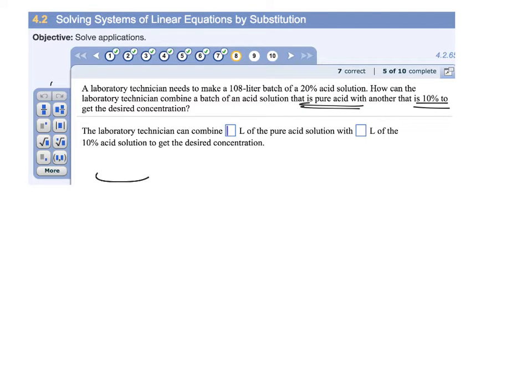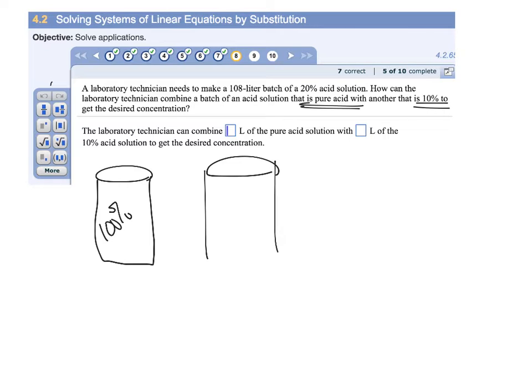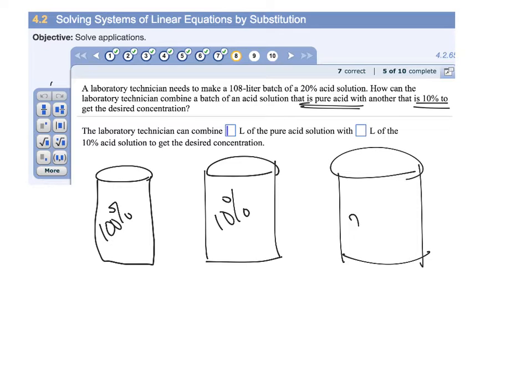So imagine you've got one bucket of pure solution, and so that's 100%. And then you've got another bucket of 10%, and she wants to create a bucket of 20% solution. All right? So the idea is 100% of this first bucket, and we're going to call that X, right?